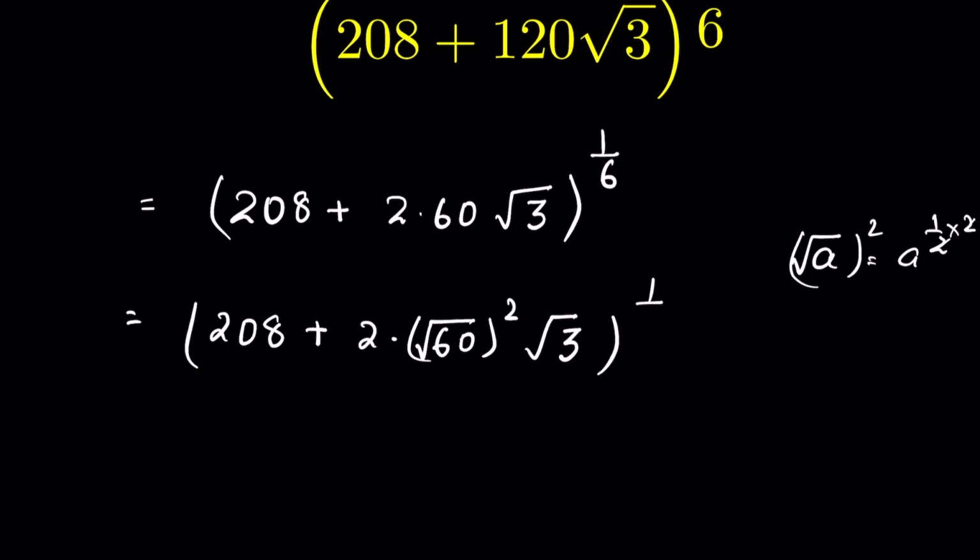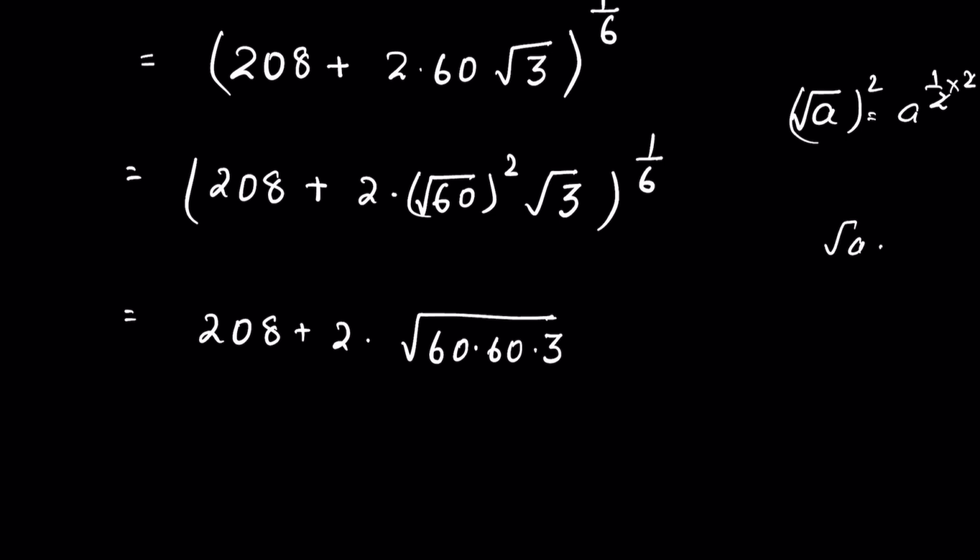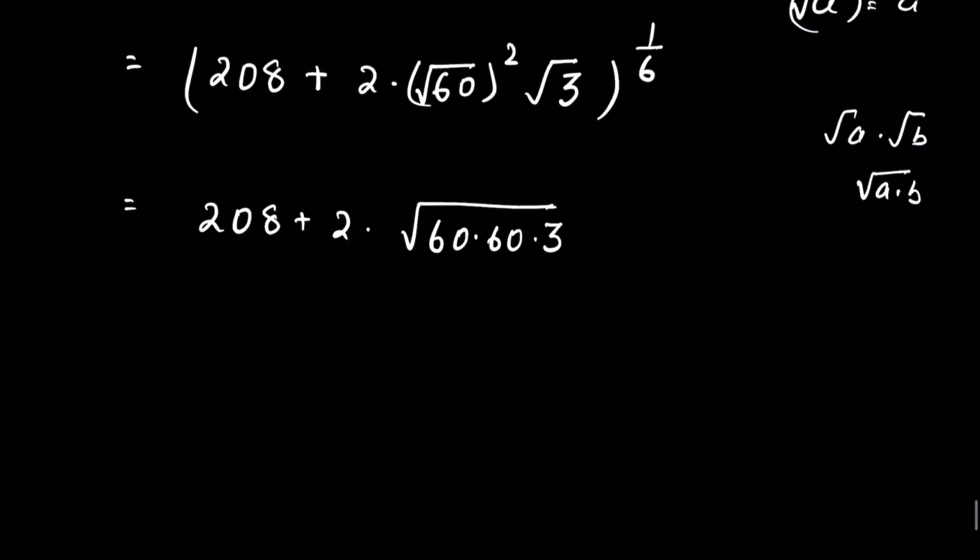raised to the power of 1 upon 6, or 208 plus 2 times this, we can write it as now 60 times 60 times 3 under square root, because when a is under square root times b is under square root, we can write it as a times b under square root.